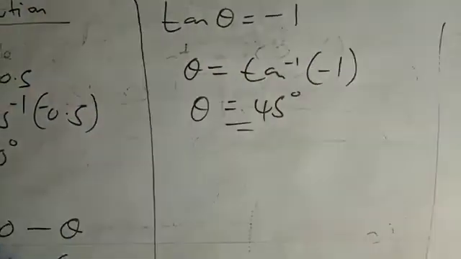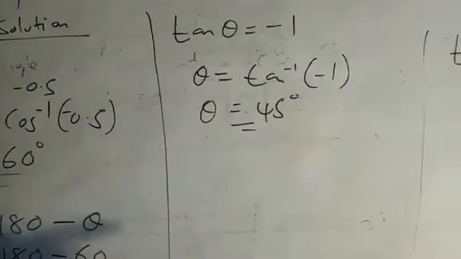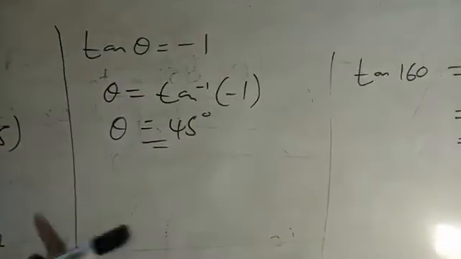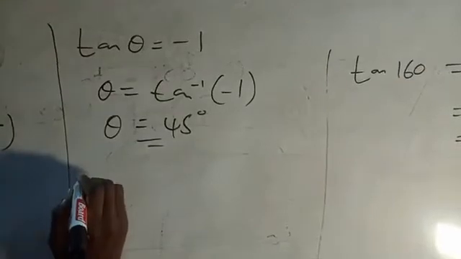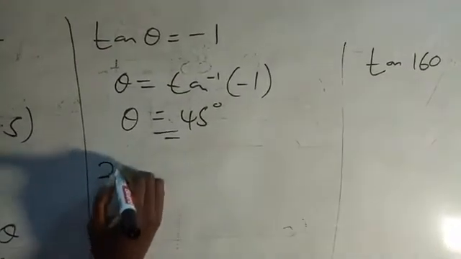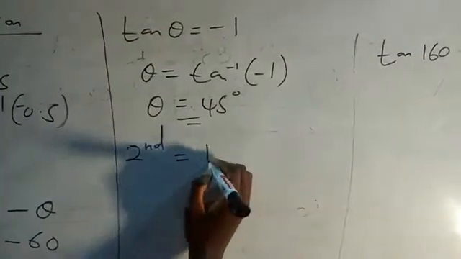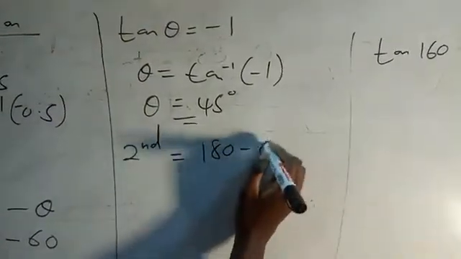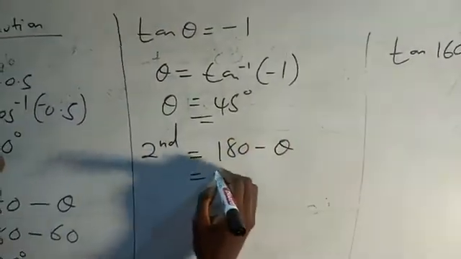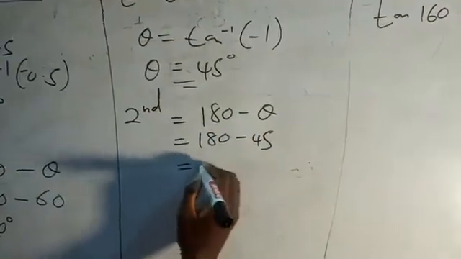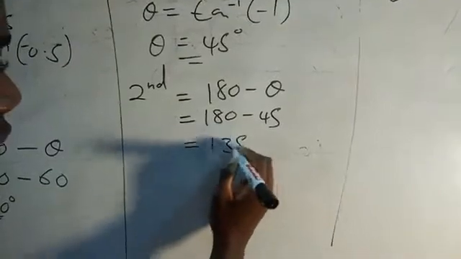In the second quadrant, it is 180 minus theta, equal to 180 minus 45, coming 135 degrees.